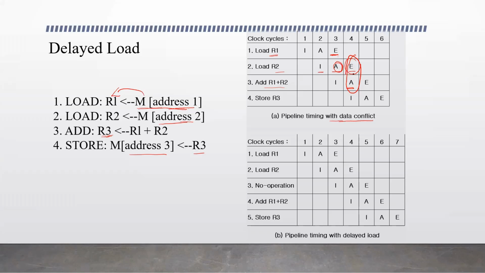To get the value of R2 in clock cycle 4 for instruction 3, the operation needs to be delayed by 1 clock cycle, so that the data would be available at this phase.